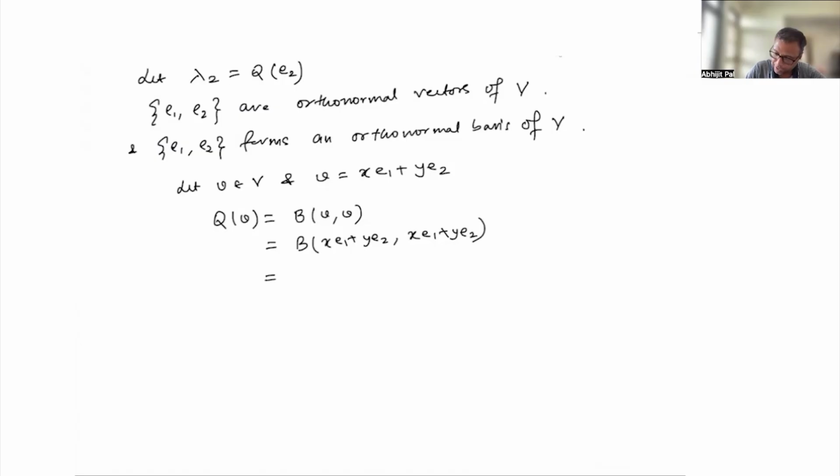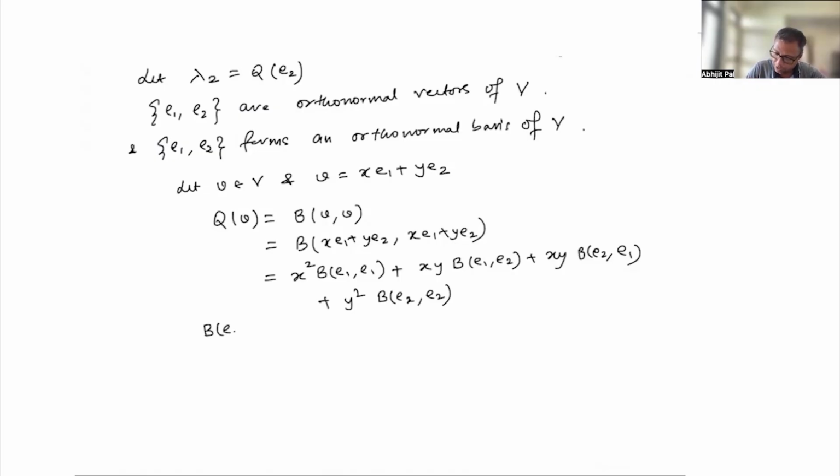Therefore, I can write this as x square b e1 comma e1 plus xy b e1 comma e2 plus xy b e2 comma e1 plus y square b e2 comma e2.